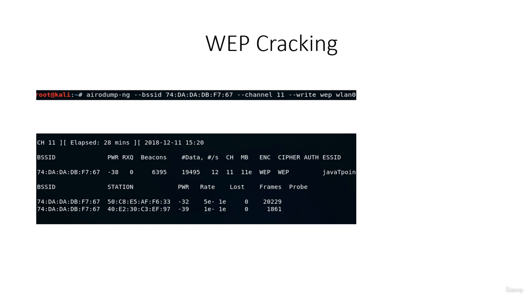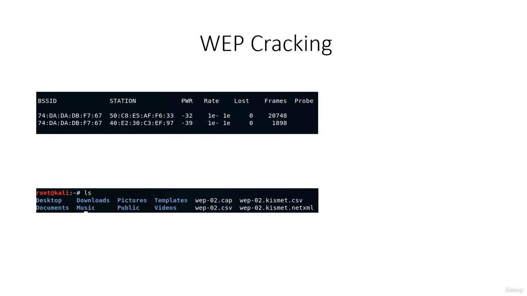In this scenario we can see the client here. Now type ls to list the files. We can see that we have a capture file and a CSV file, as specified in the write argument.